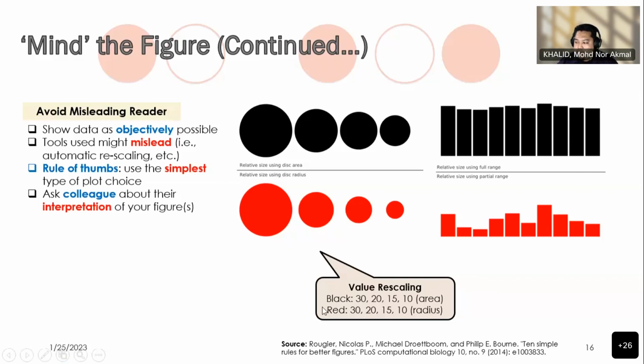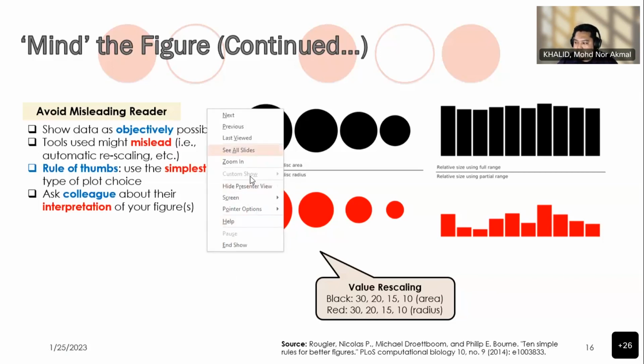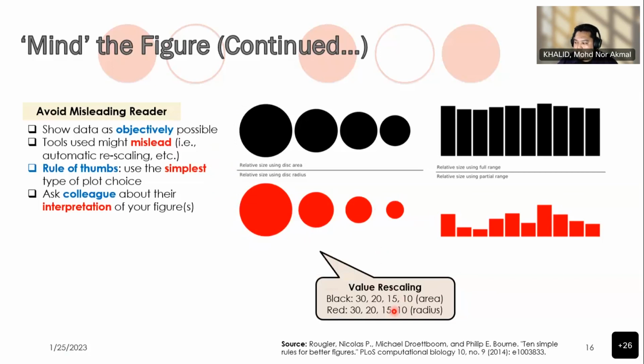Because of that, this looks much more distinct. Actually, this looks not much different, not very significantly different.